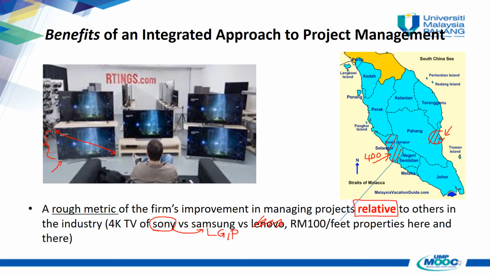And also another example: Nissan will see their rival from Toyota, will see their rival from Honda, before they launch three segments. Why three segments? Maybe the Sylphy, maybe the Almera, maybe the Teana.